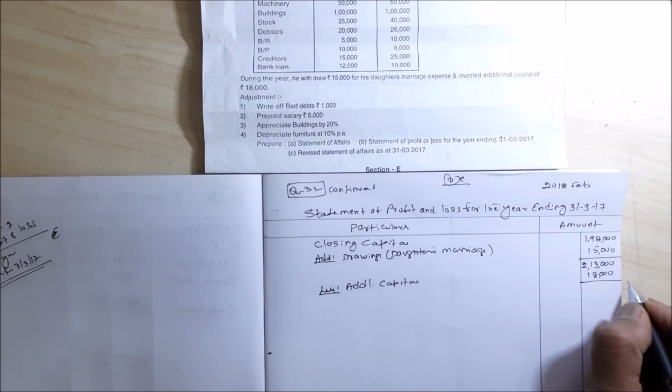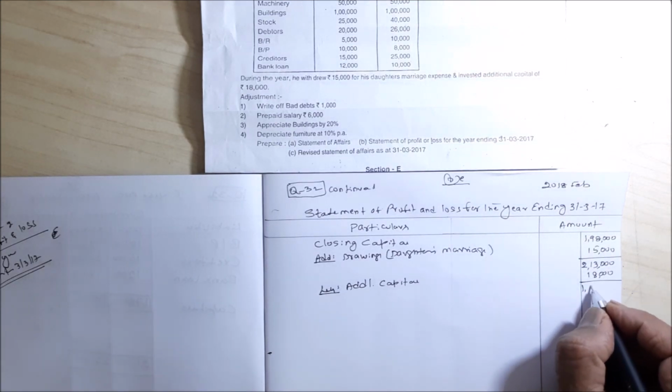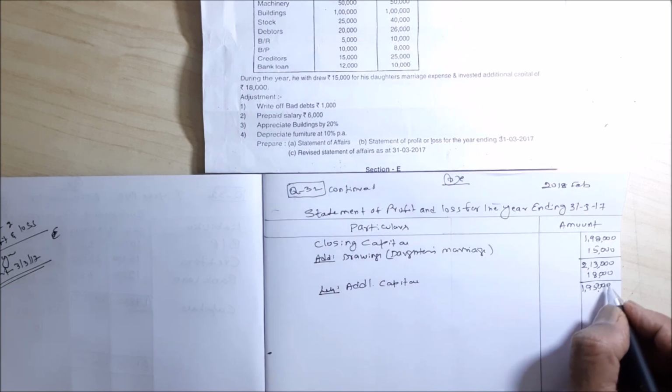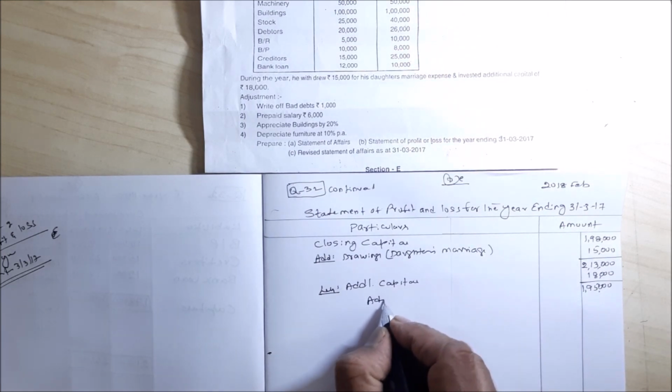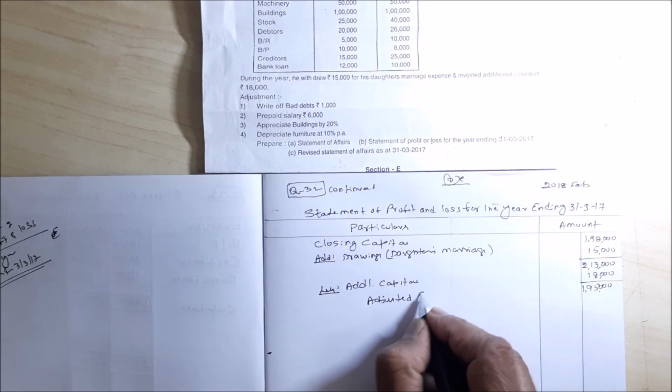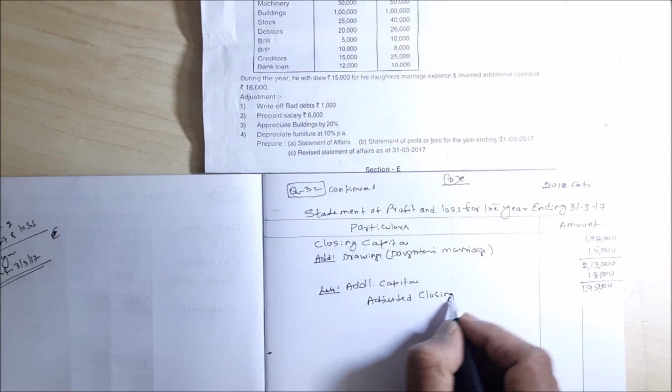Minus, you will get 1,95,000, which is called adjusted closing capital.